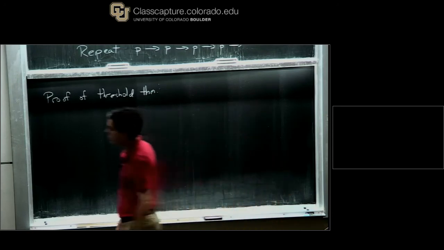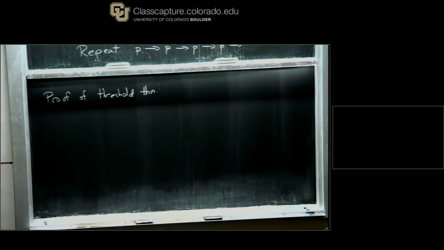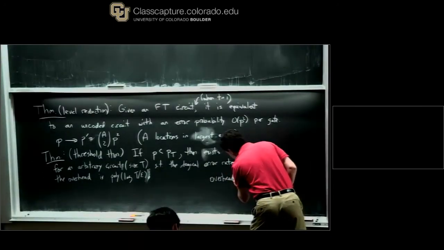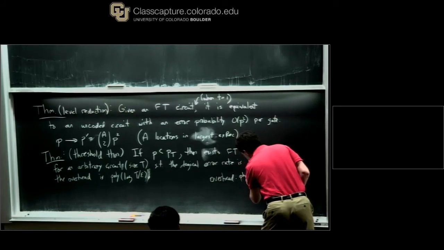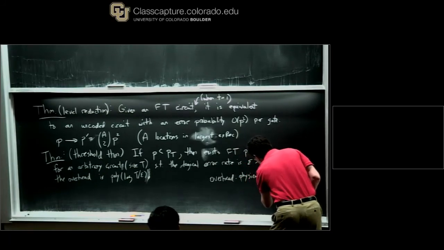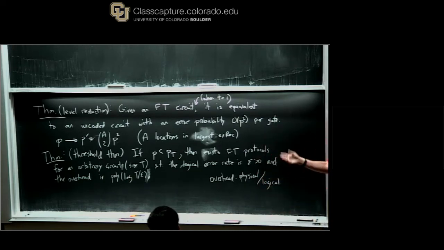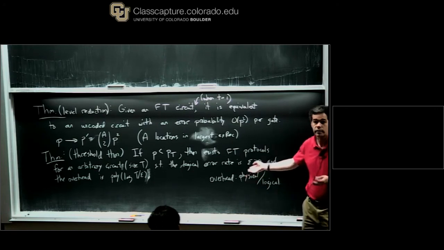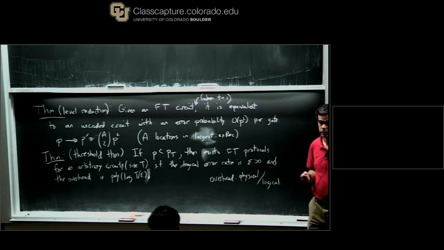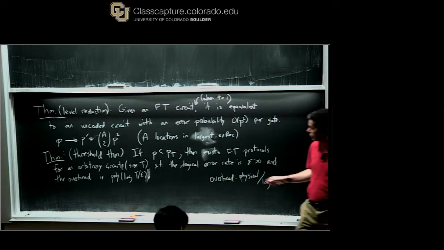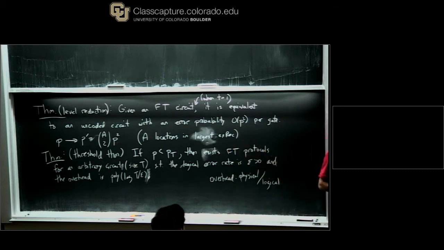Yeah, so the overhead, I mean, it's the ratio of physical resources to logical resources. Okay, so if you want to think just qubits, physical qubits over logical qubits. But it could also be the number of physical gates, say, over the logical gates. Okay, the logical gates are the ones in the original circuit that you want to simulate.